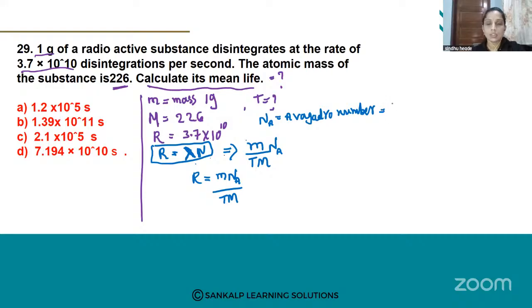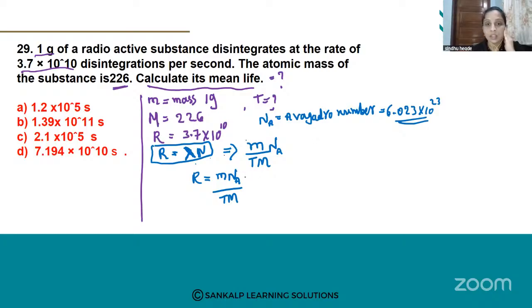It is 6.023 into 10 raised to 23. 6.023 into 10 raised to 23 is called the Avogadro constant. We take it as the Avogadro constant, okay?